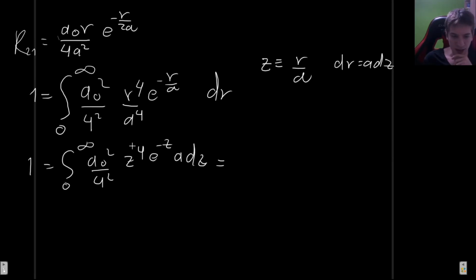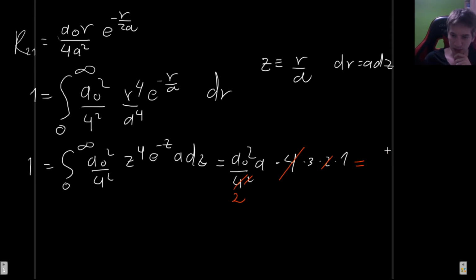And you can actually see this integral right here, since all of these are just constants, is just z to the 4th power e to the minus z. And we already saw the value of this integral. So a squared divided by 4 squared a times this integral, which is just going to be 4 factorial, which is 4 times 3 times 2 times 1. And now we can simplify a little bit. This 4 cancels out the exponent here. This 4 and this 2 will cancel out, and you get a 2 down here.